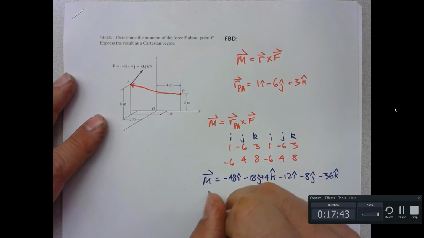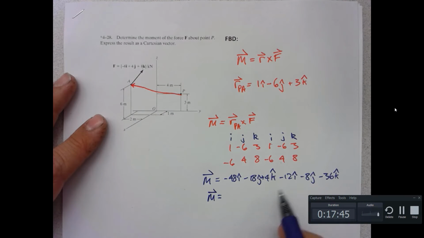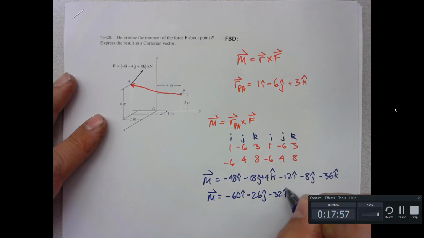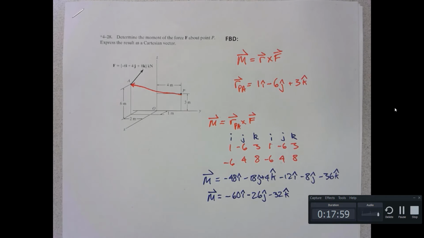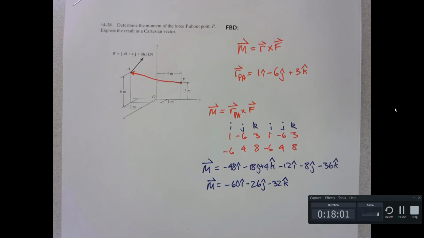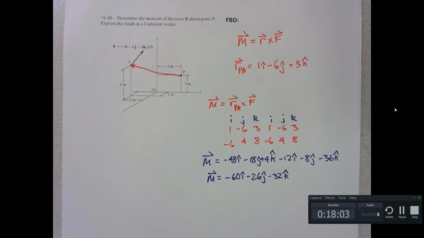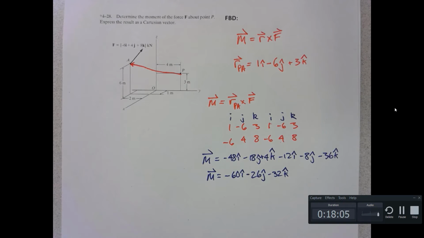So I believe the moment vector will be negative 60 i hat, negative 26 j hat, negative 32 k hat. Anybody else? Looks good? Okay.